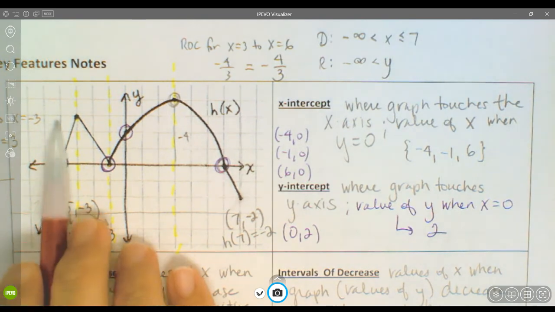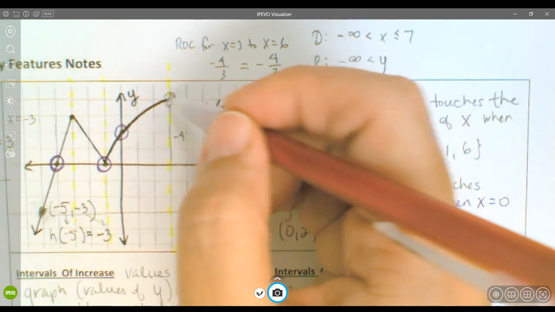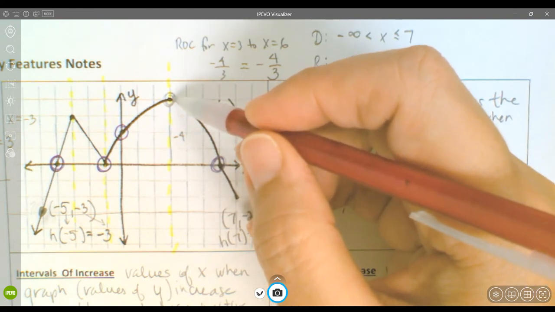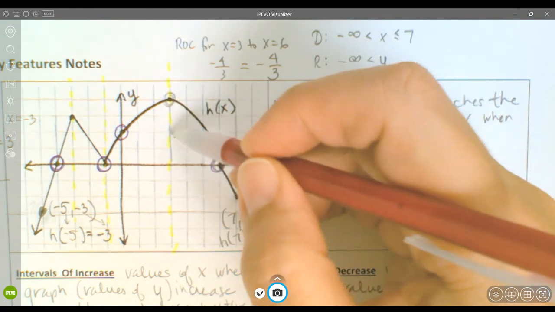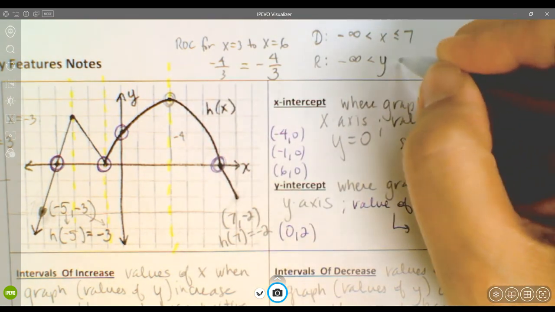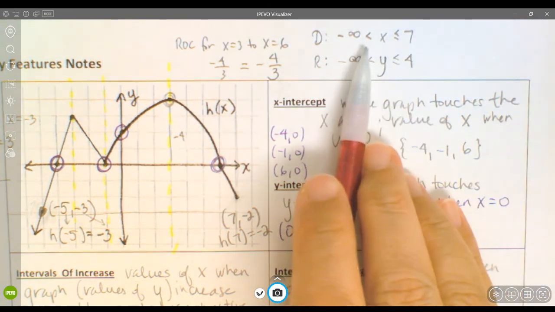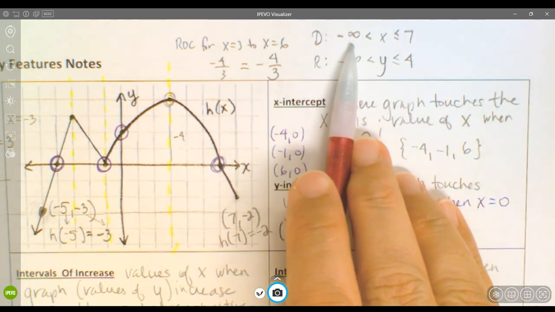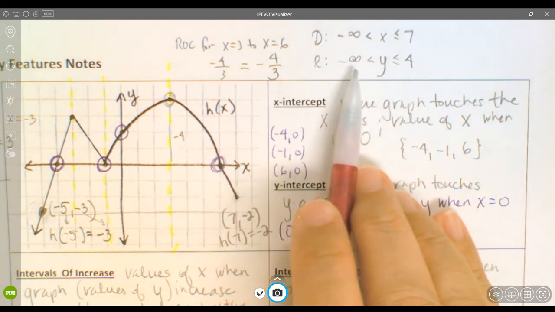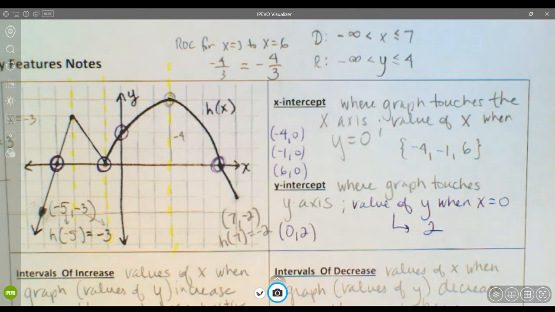How far up does it go? Well, the highest point is right here. The highest point actually has a name. It's called a maximum. 1, 2, 3, 4. So it's an adjective that's also a verb. And this goes to 4. So the width of my graph is -infinity to 7 because those are my x coordinates. The height of my graph is -infinity to 4.